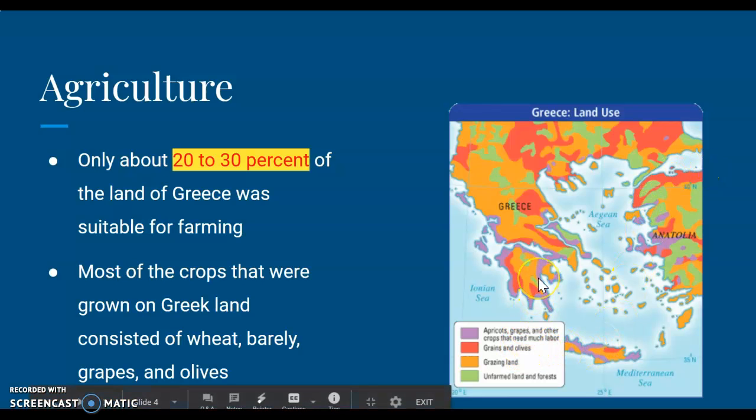Orange means this is where most of the grazing lands were. Grazing lands is where sheep and goats go to eat grass. As you can see on the map, most of Greece was covered by grazing lands. And the green means that this was land that was not farmable or was just forest.